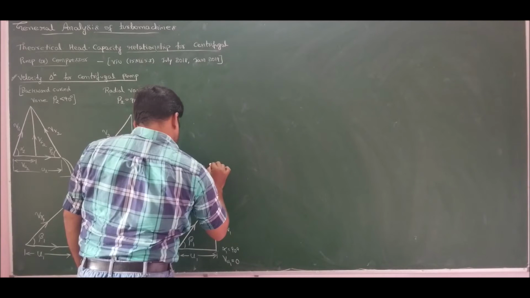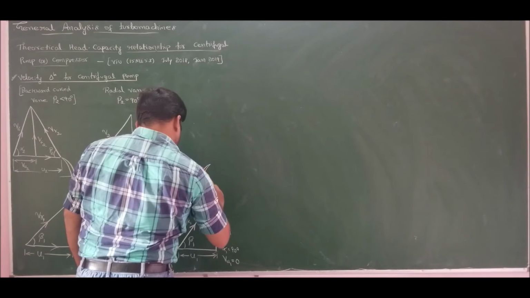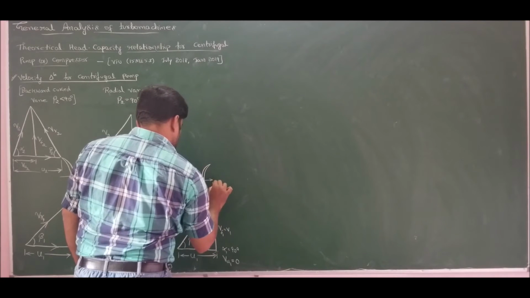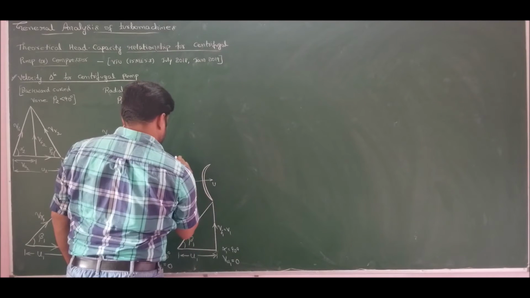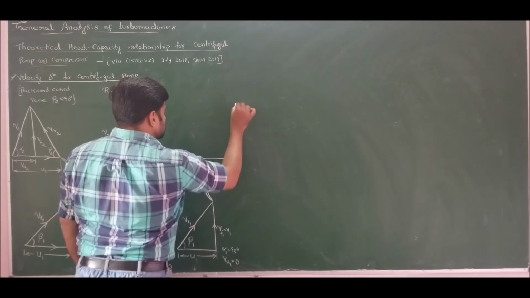So it is curved towards the direction of rotation, like this. Forward curved wings. This is U. For forward curved wings, we have the velocity triangle like this.